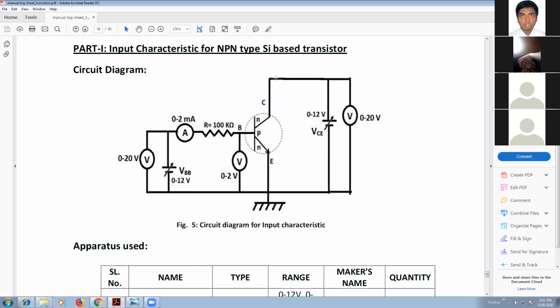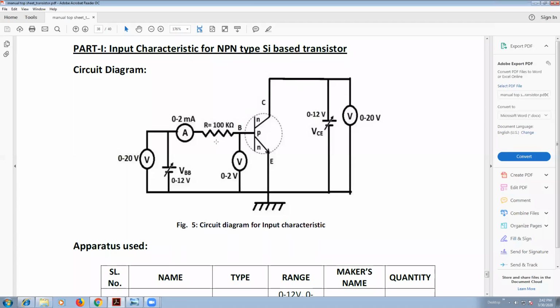But you have to rectify one thing: we have to connect a 1 kilo ohm resistor in series with the collector, and instead of 100 ohm, we have to connect 100 kilo ohm in series with the base.